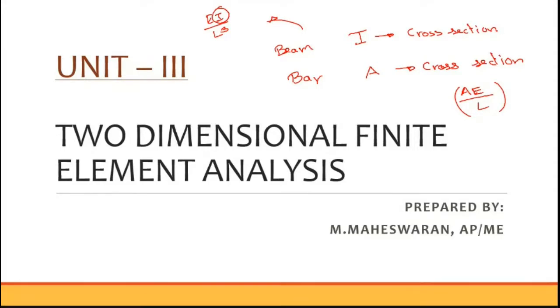So there are lots of variants of two-dimensional elements, and that comes under complications. Now we are going to deal with a triangular element. We start with the triangular element, then we'll slowly go to square elements.